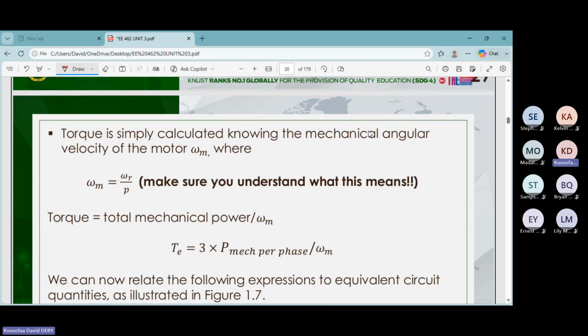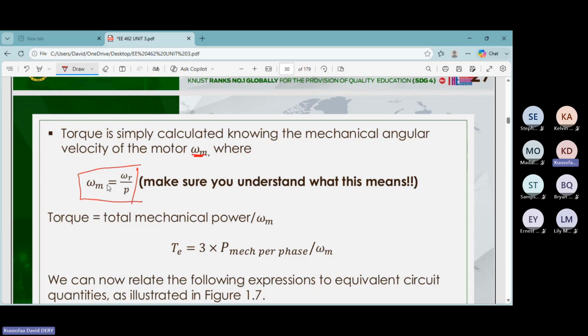So now that we are able to calculate the power, the next thing is the torque, right? So how do we calculate the torque? The torque is simply calculated by knowing the mechanical angular velocity, which is given as omega m. We know that we have electrical speed and mechanical speed, and they are always related by this formula that we have here.